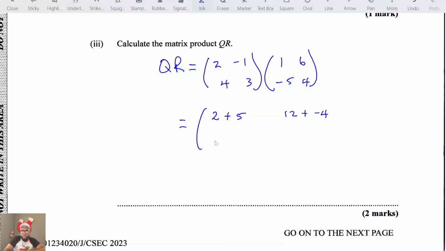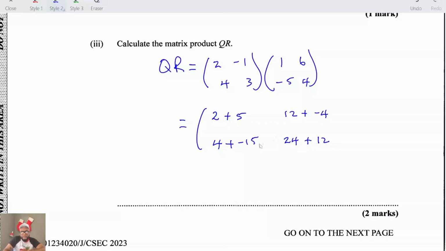Then 4 by 1 is 4. 4 by -5 would be -20. And then 4 by 6 is 24.